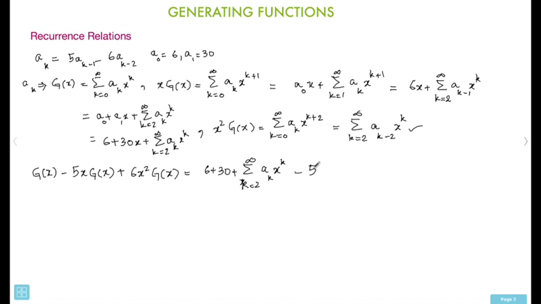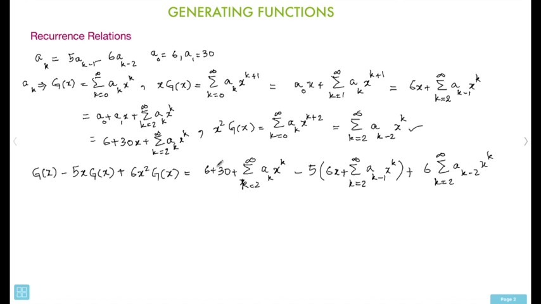So I will say 5 times 6x plus the sum from k is equal to 2 to infinity of a_(k-1) x^k, and then plus 6x squared g(x). So x squared g(x) is this guy. I'll say plus 6 times the sum from k is equal to 2 to infinity of a_(k-2) x^k.